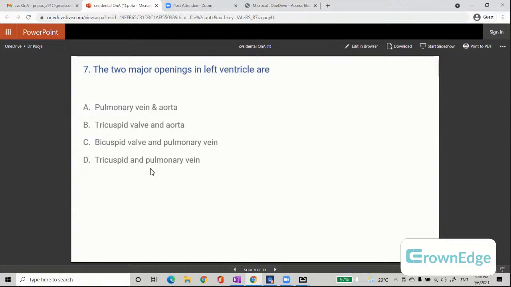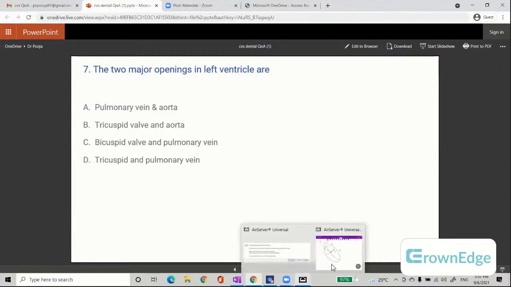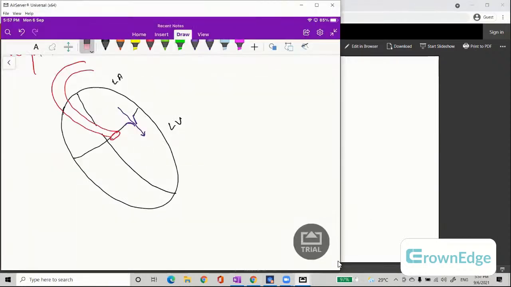So over here, the answer should be B. Actually the answers are wrong over here, or you can say the format. If such a question comes, remember the best answer over here should be mitral valve, which is, remember, bicuspid.